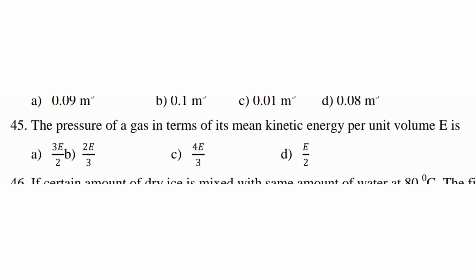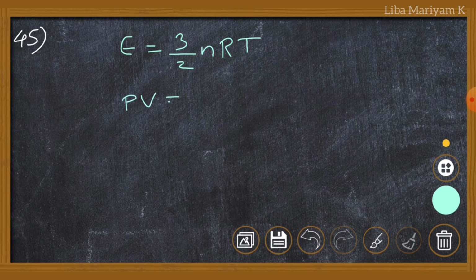Question number 45. The pressure of a gas in terms of its mean kinetic energy per unit volume E is. Mean kinetic energy of a gas per mole is given by E equal to 3 by 2 nRT, and for ideal gas PV equal to nRT.